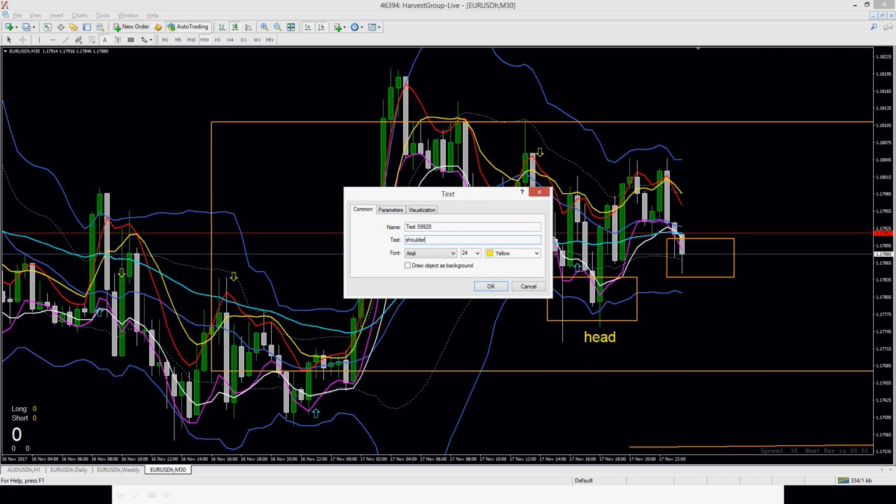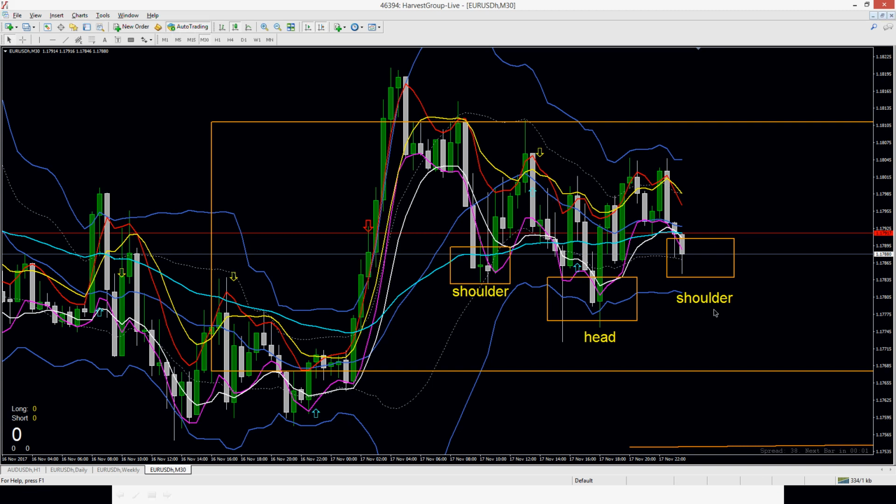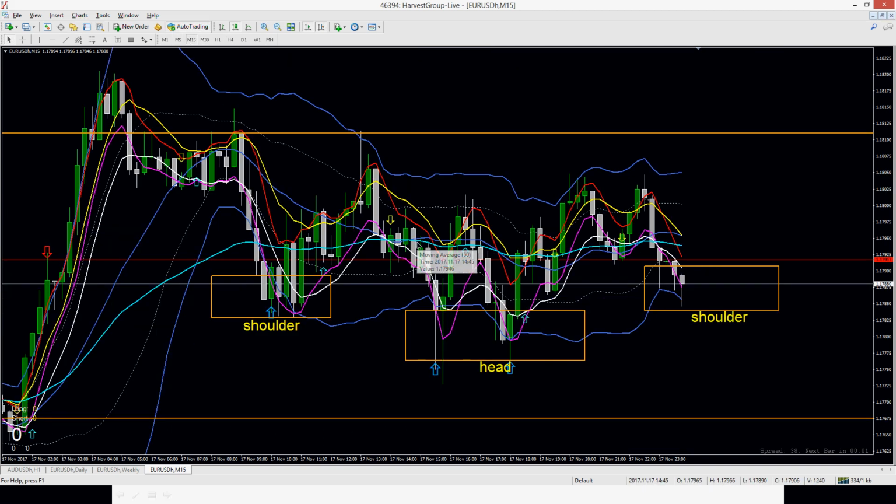And the shoulder on the other side. So immediately over here, from all different angles, from weekly, from monthly to M30, it tells me that the price is going up. So let's go to M15.